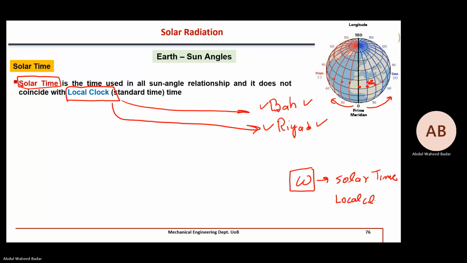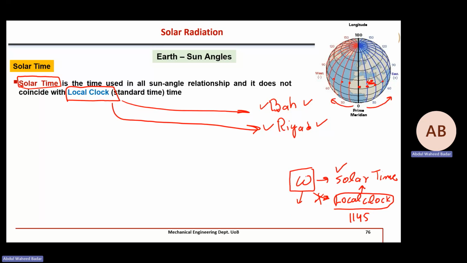That is not based on local clock time. That is mainly based on solar time. So we should correct the local clock time to solar time, right? For example, now it's 11:45 local clock time in Bahrain. But we need to check whether the solar time is also 11:45, because I want to find this omega to be used in solar calculations.